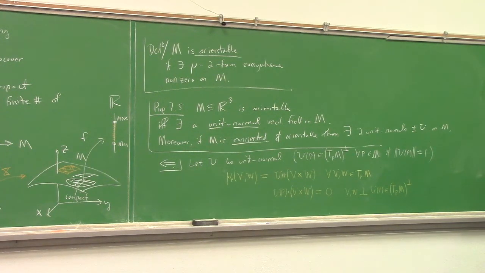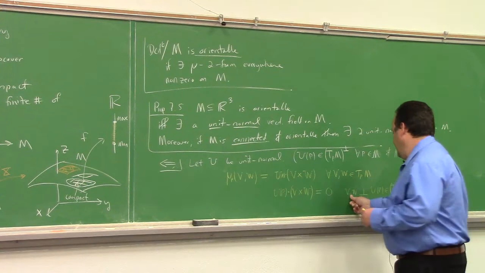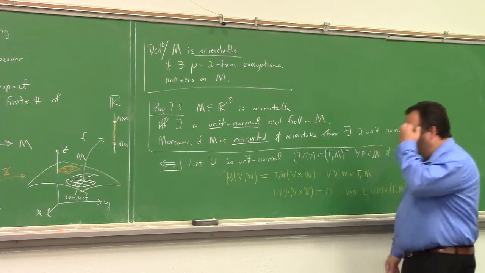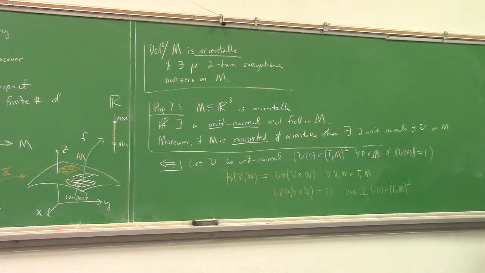Think about it, though. How can v cross w be perpendicular to U of P? Remember, v and w are both in the tangent space.